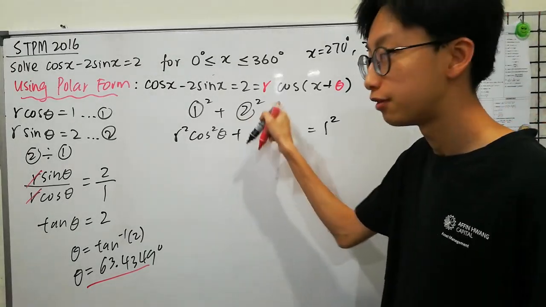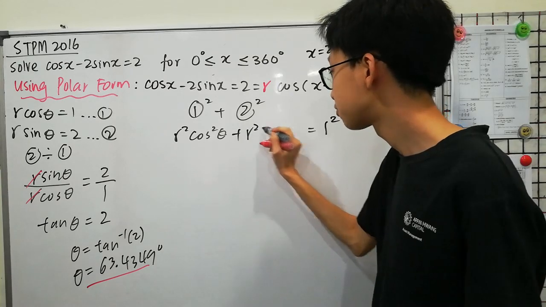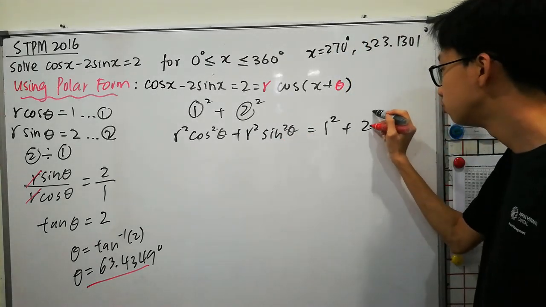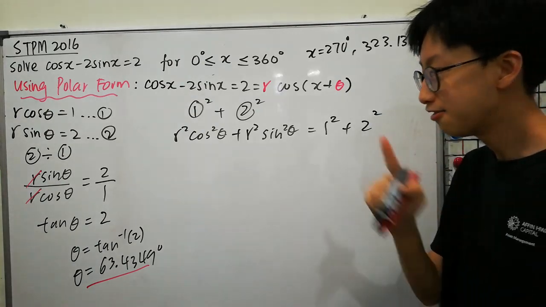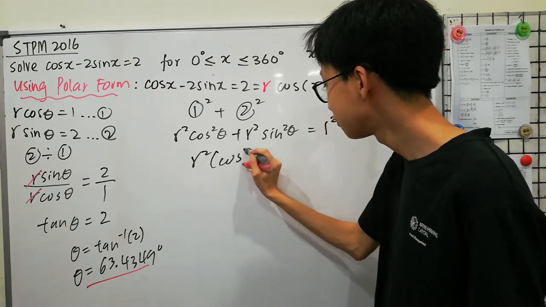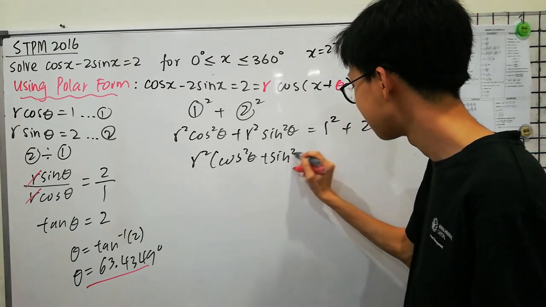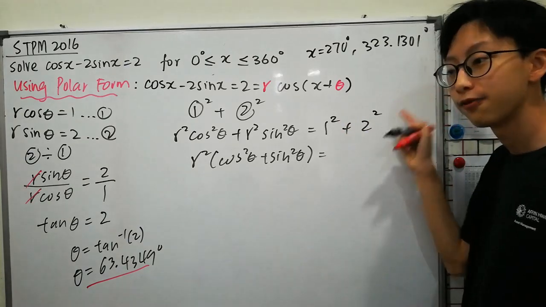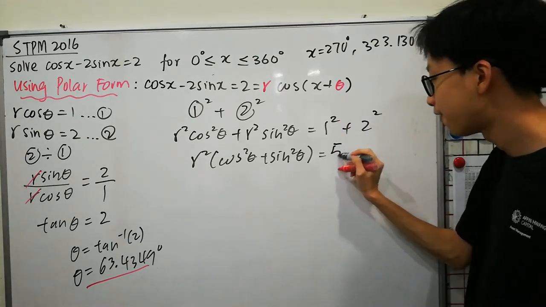Plus the square of equation 2, it will be r squared sin square theta plus 2 squared. And now you can see it already. Factor out the r squared, we'll have cos square theta plus sin square theta equals 1 squared is 1, 2 squared is 4. 1 plus 4 is 5.